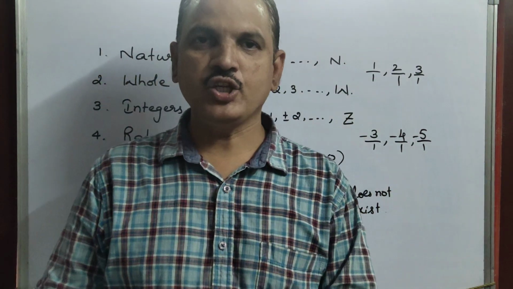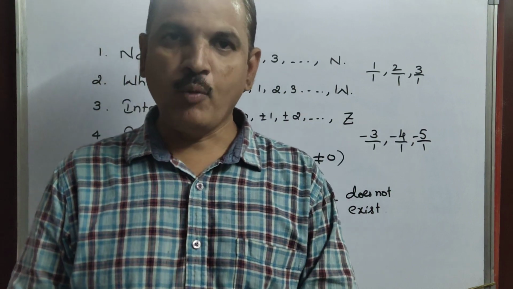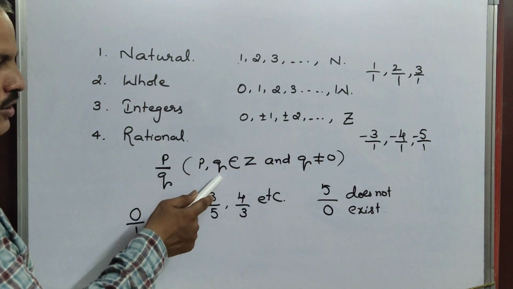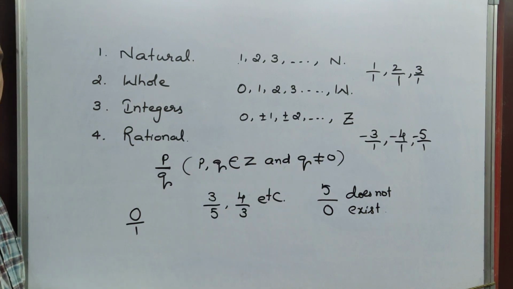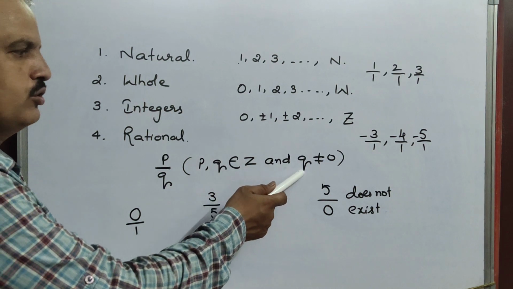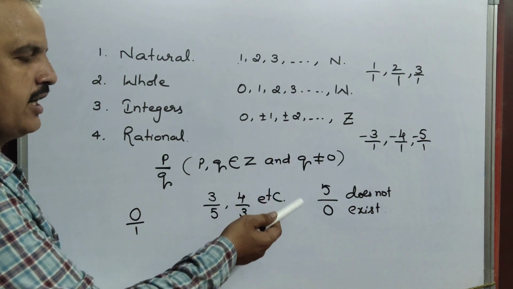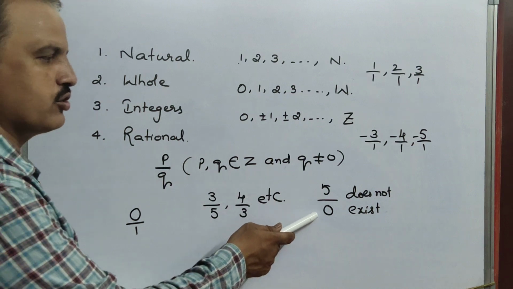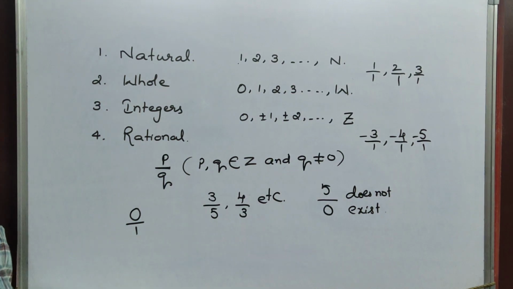The exact definition of rational numbers is: the numbers which are in the form of p by q, where p, q belongs to Z and q not equals to 0. That condition is compulsory. Because if q equals to 0, that means the denominator is 0, it does not exist.